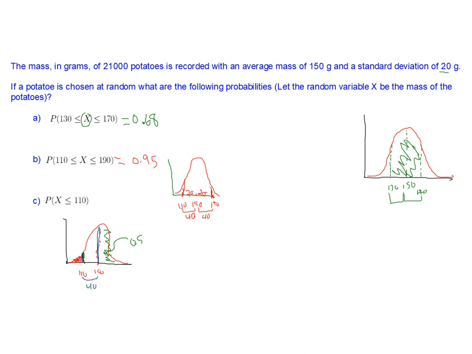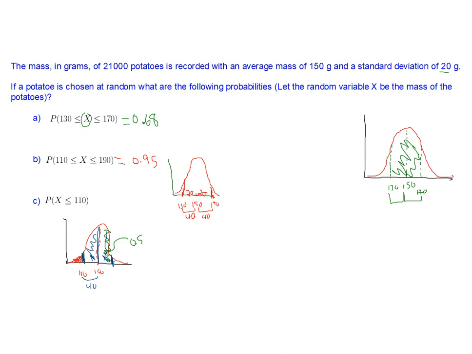Well, we know that 2 standard deviations should be 95% of the data. So 95% of the data should lie from this mark right here to this mark right here. We've already counted this little bit here in the green, but we could just take 95% and divide it by 2, and we'll get this part right here in blue.